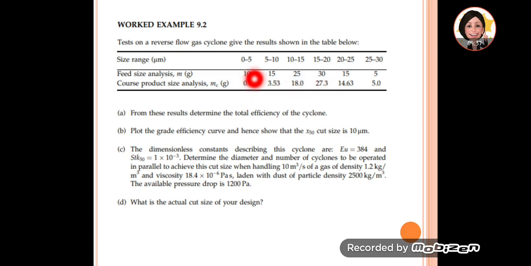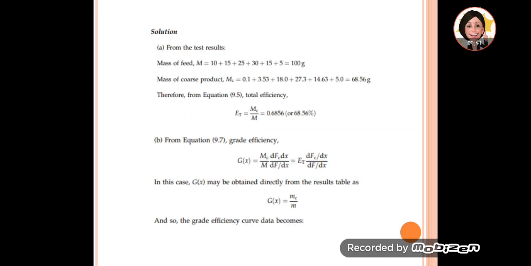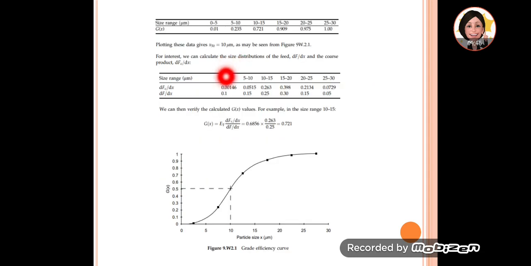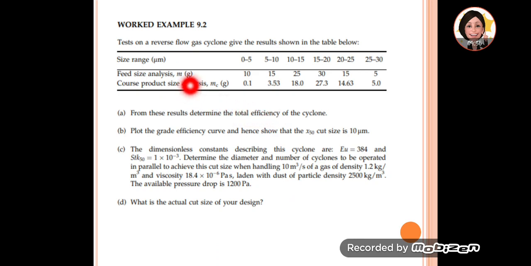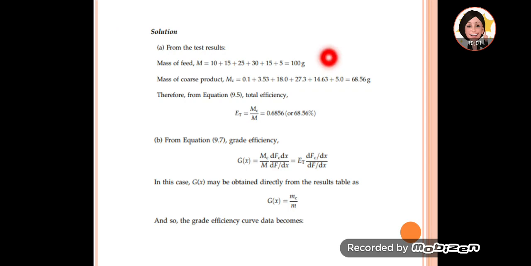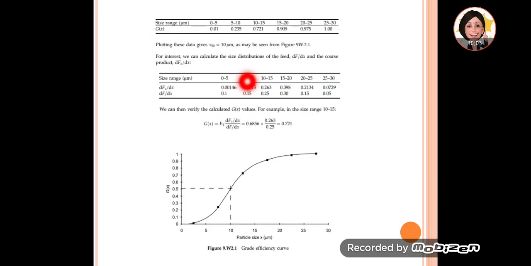If we take 0.1 divided by the total that we calculated just now, the total was 68.56, you will get 0.00146. That's how we get it for cost product as well as the feed analysis. If this is 10, divided by the total, which is 100, you get 0.1. So this is how we get the frequency of each size range.